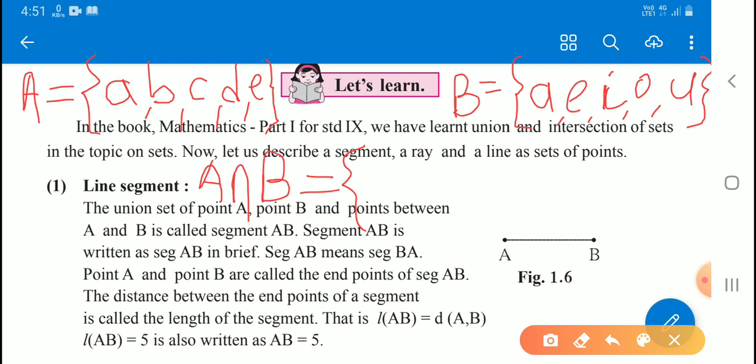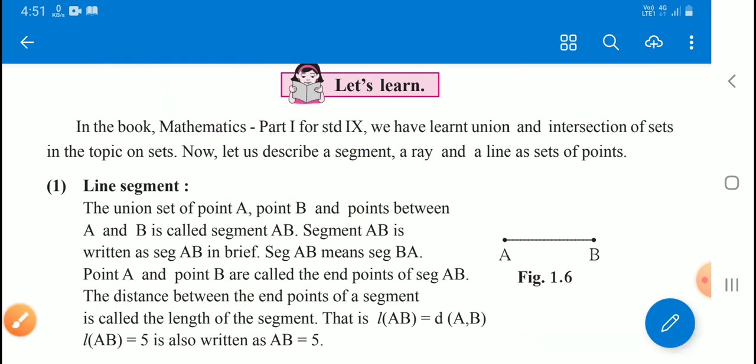Here, if you see, the common elements from both the sets are A and E.